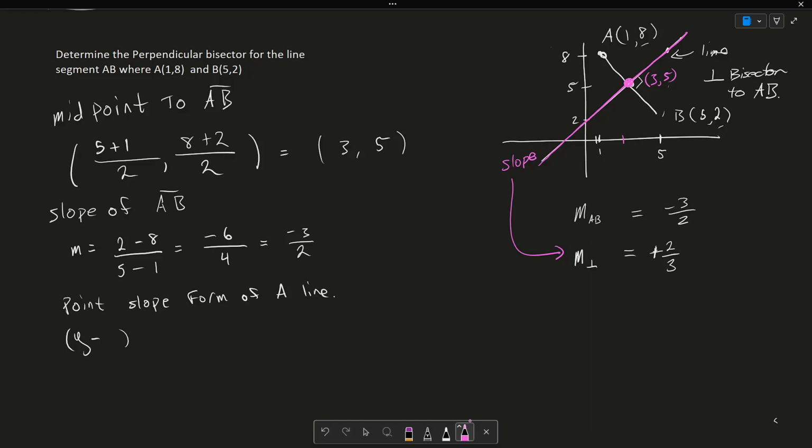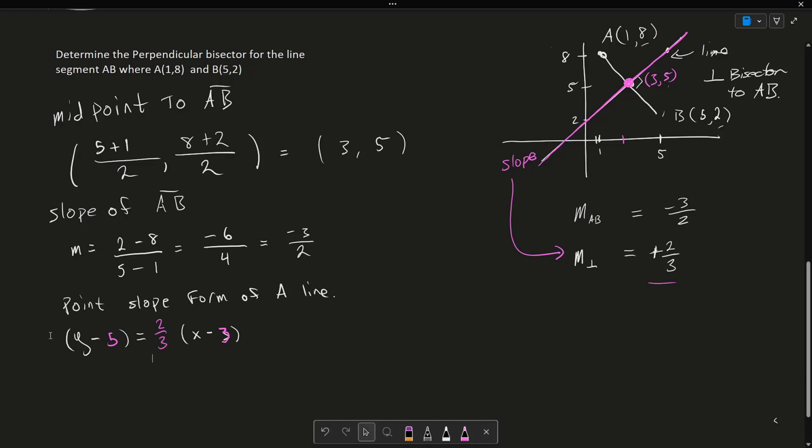So I'm going to use the 5 for the y coordinate. And then it's equal to the slope times x minus any x coordinate on the line. So I'll use the 3 here. This is the point-slope form of the line. And inside here goes the slope, which we discovered here, 2/3.